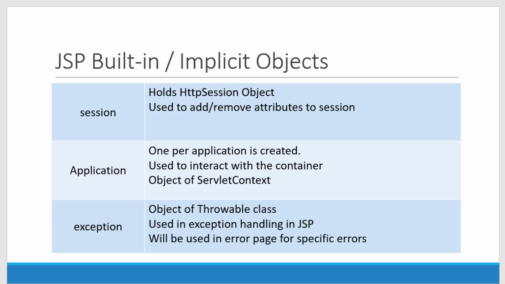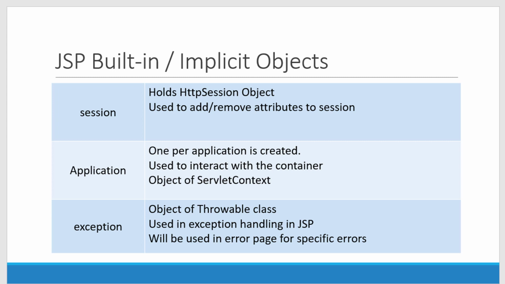As part of the advanced JSP discussion, we will be discussing session, application, and exception. One application object will be created per application, and that will be used to interact with the container. It is an object of servlet context. Anything that I want to maintain at the application level, like the counter or the database connectivity, will be kept as part of the application object.